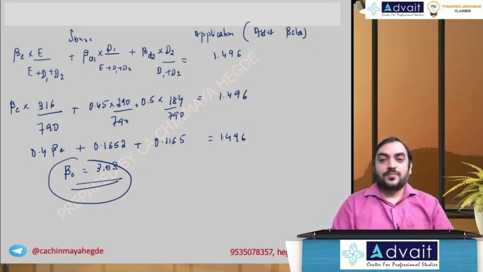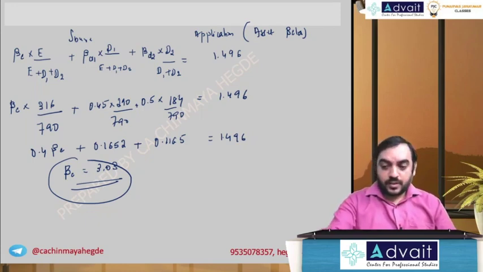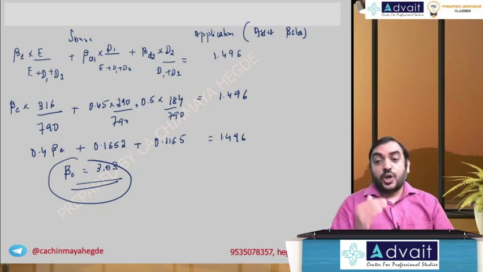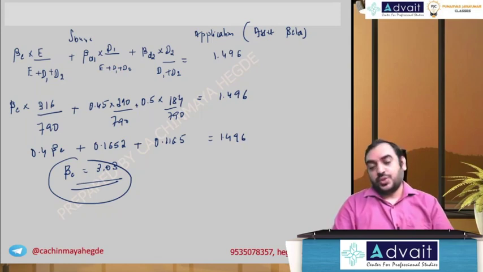So you can write down: higher beta is justified because of higher risk reflected in high debt equity ratio.